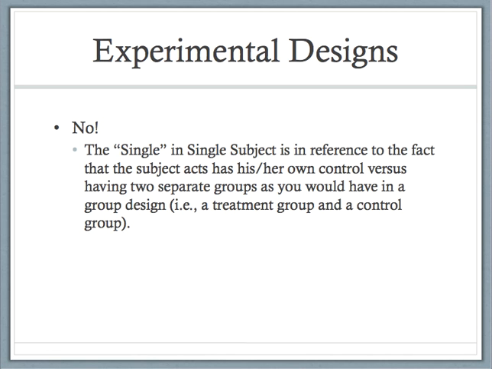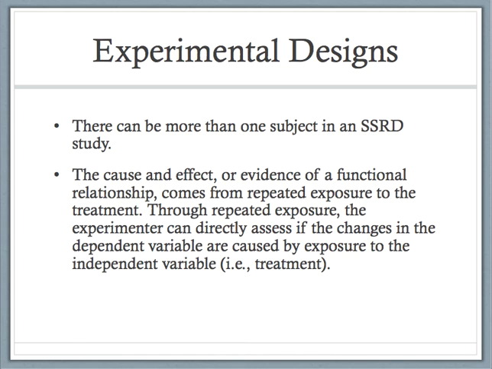The answer to that is no. It is actually in reference to the fact that the subject acts as his or her own control, versus having two separate groups as you would in a group design, that is, a treatment group and a control group. In a single subject research design, there can definitely be more than one subject in the study.